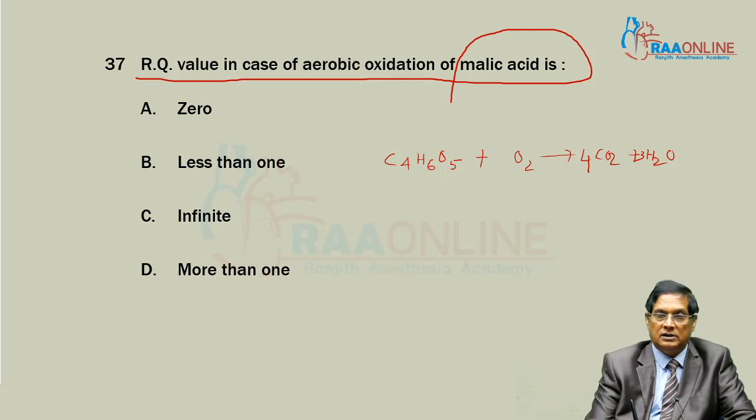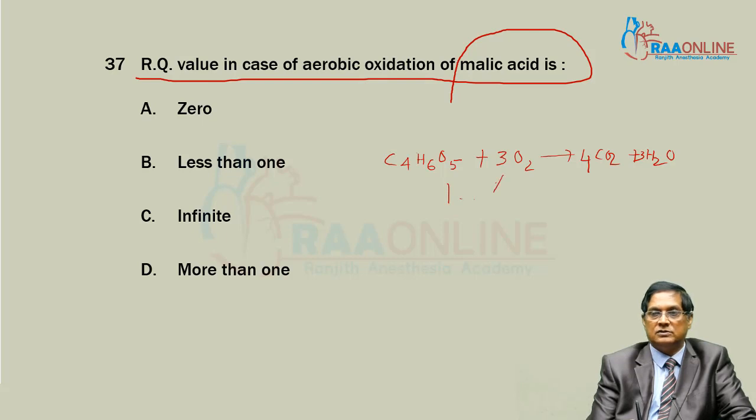Oxygen required is 3. This is 5 oxygen, this is 6 oxygen, total 11, that is 4 times 2 is 8, plus 3, now balanced. Amount of carbon dioxide released is 4 and oxygen taken is 3. That's why the value of RQ is 1.33.